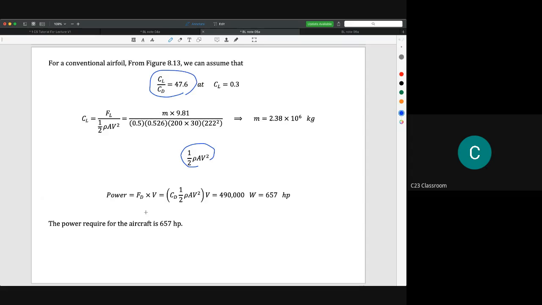And then we substitute, we could calculate the power here, FD times V. So it is around 490,000 watt or 657 horsepower. So the power required for the aircraft is 657 horsepower. Okay, this is a very general calculation for problems about the lift force and the drag force.